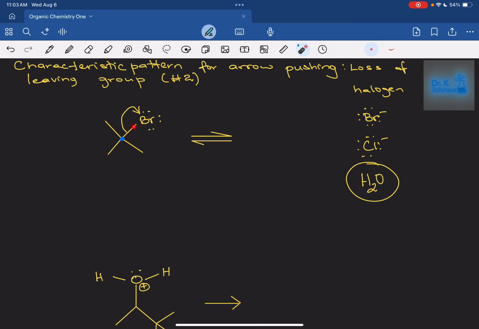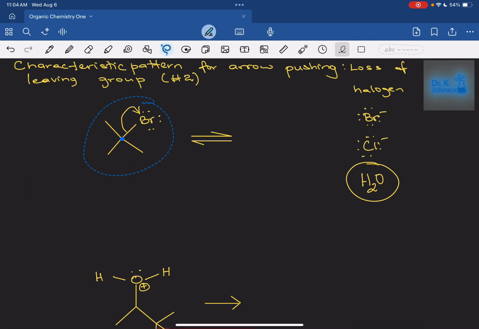It's no longer being shared between the blue carbon and bromine. Okay, bromine is stealing the two electrons. Clearly, if I'm stealing, I'm taking it, it's going to break away with the two electrons. It's not sharing it anymore, it breaks away with it. So this is what this arrow indicates when you draw your product over here.